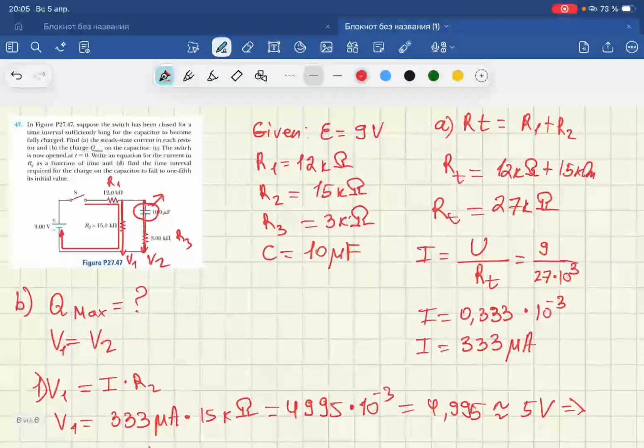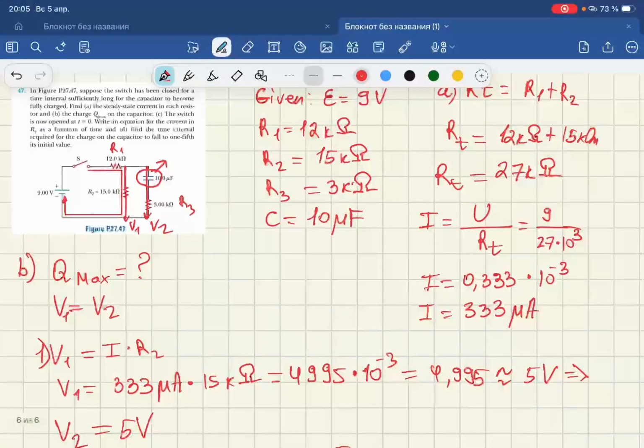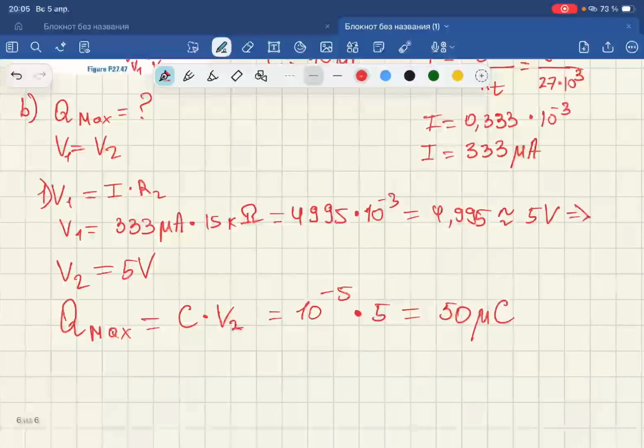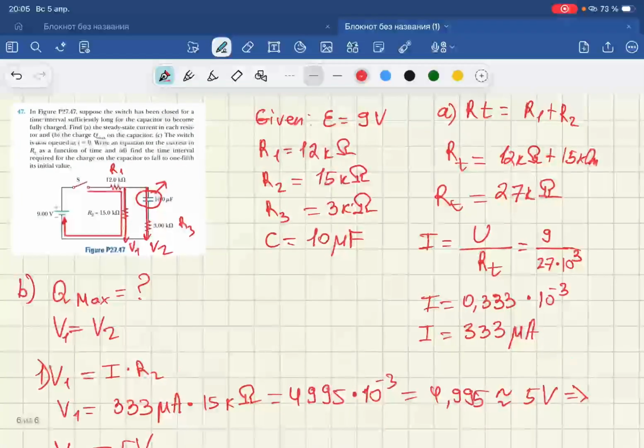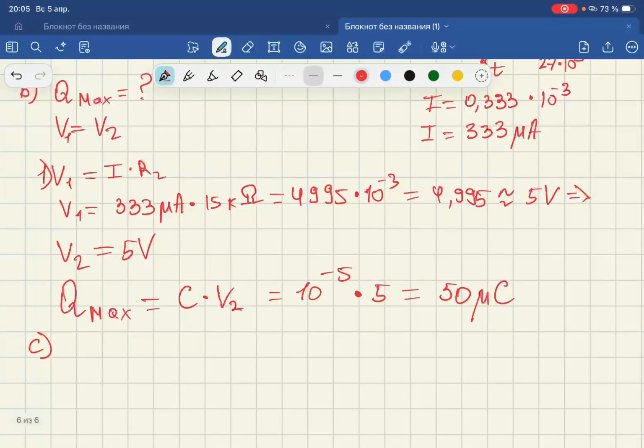So in the third question, in the C part, they are asking that the switch is now opened at time 0. So it means that the time is given when time is equal to 0.